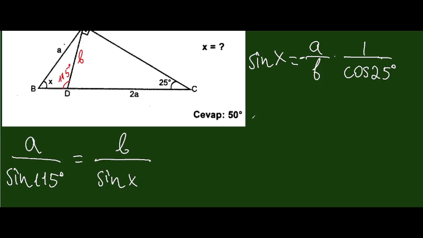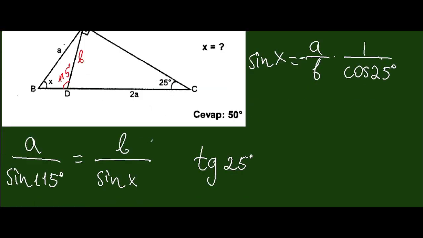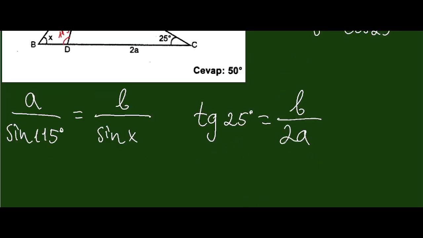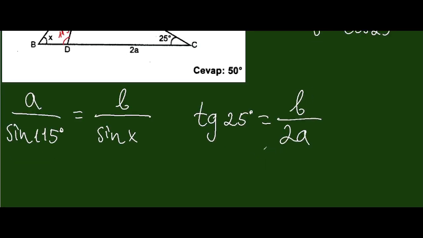Yes. And the next step is to know that tangent 25 degrees, in the triangle ADC, we can write down as b over 2a. And here we can find b over a, or a over b.